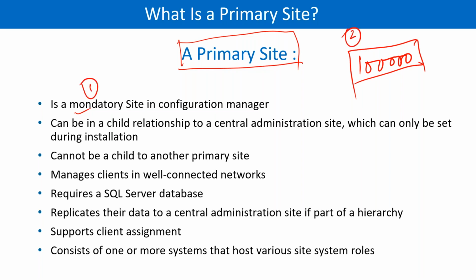The second point is that it manages up to 100,000 devices. The third is that it manages clients in a well connected network. Then point number 4, it also needs a SQL database. Just like the central administration site, the primary site also needs a database.